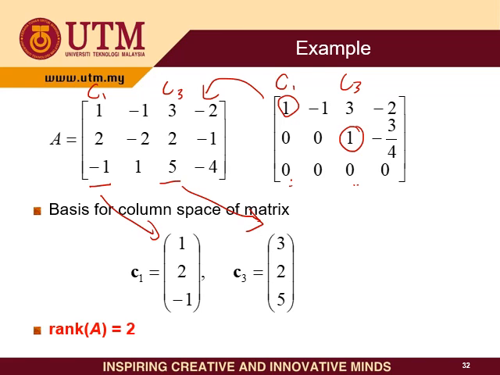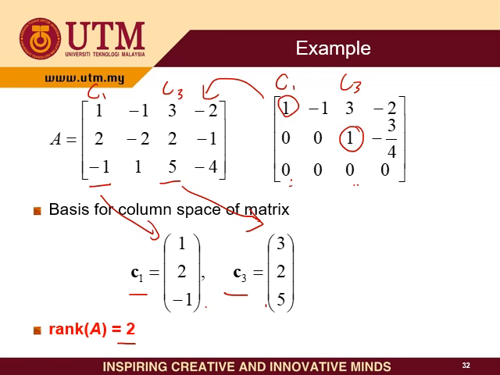The rank is 2. Here we have C1 and C3. The number of bases is the rank. The basis for column space and the basis for row space is 2, and the rank should be 2.